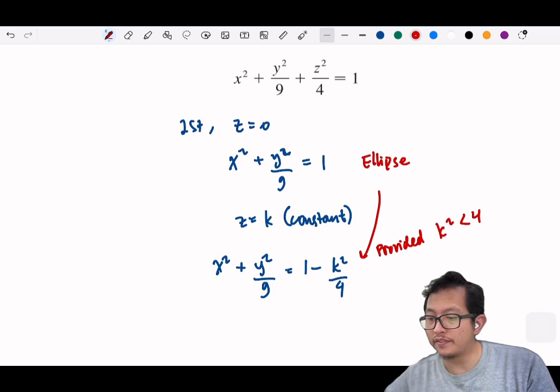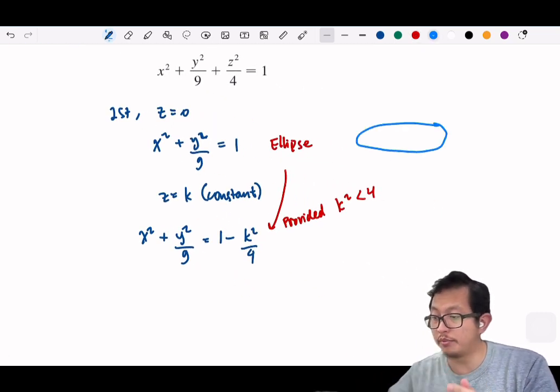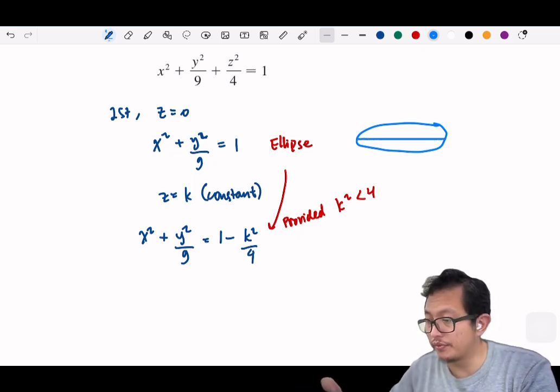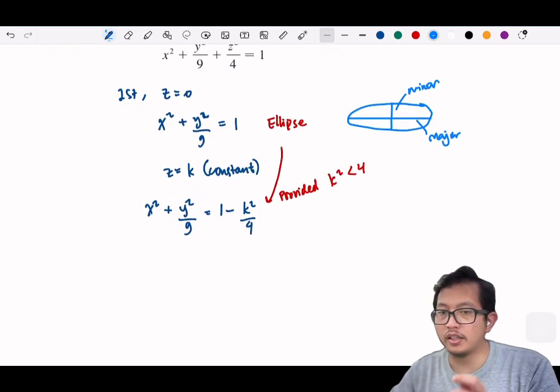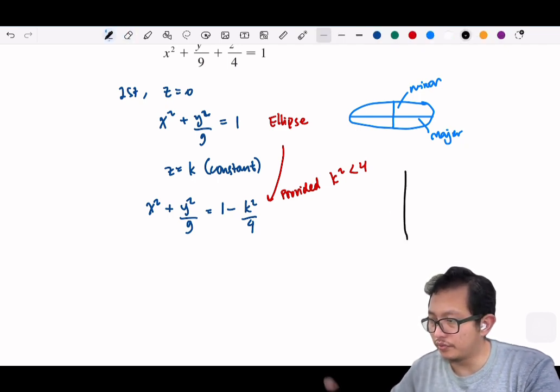So this ellipse could have different lengths in the major axis and the minor axis. If you remember ellipses, if you have learned about ellipses before, then this is the ellipse. We call this the major axis, and this is the minor axis. Okay. Now, to see this, let's draw it.